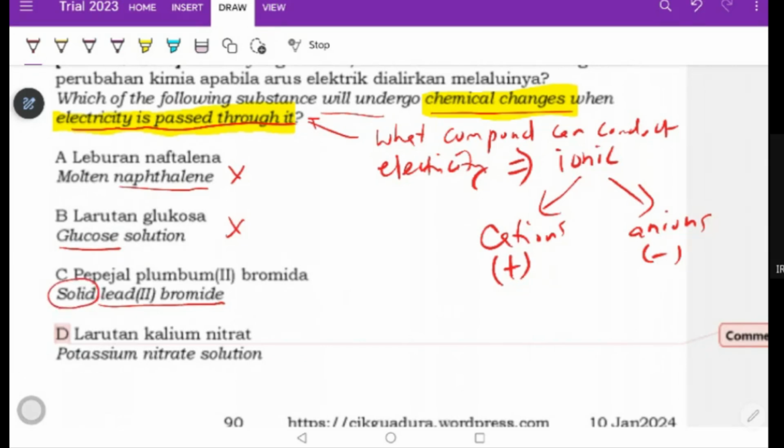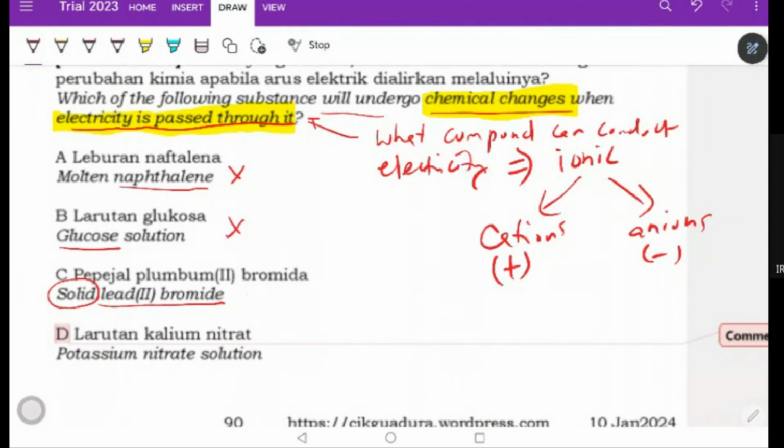In the solid state, can it undergo chemical change? Can electricity pass through or not in a solid state? Ionic cannot, right? If molten lead(II) bromide, yes, it can.